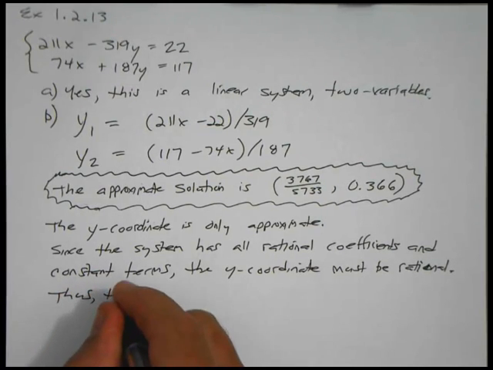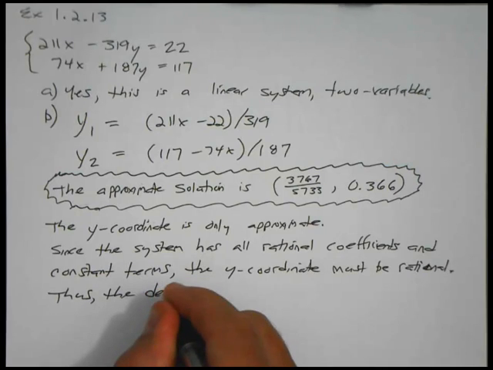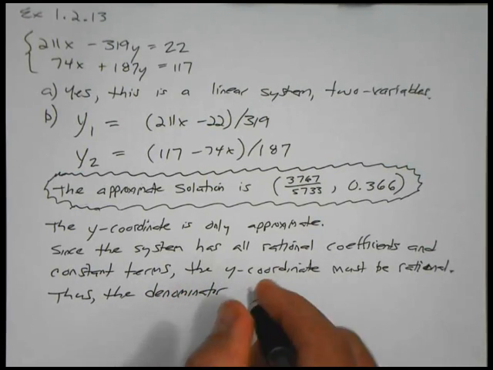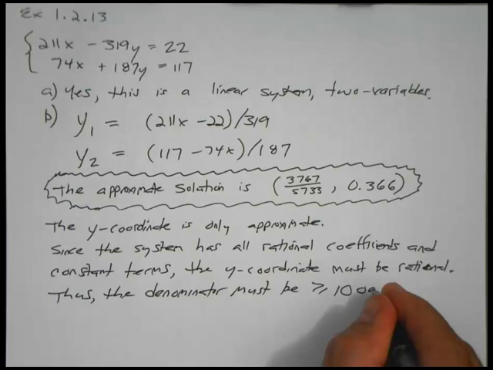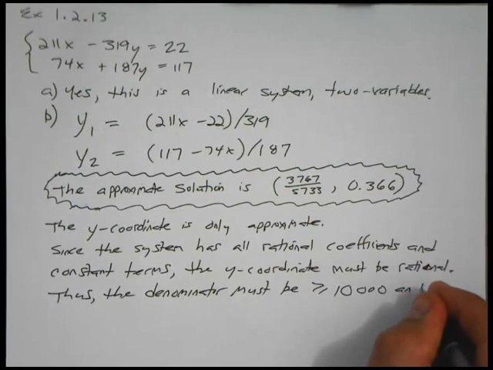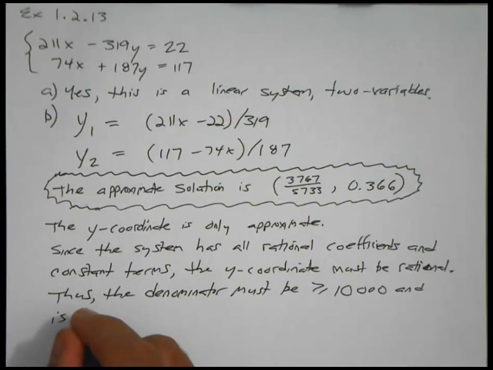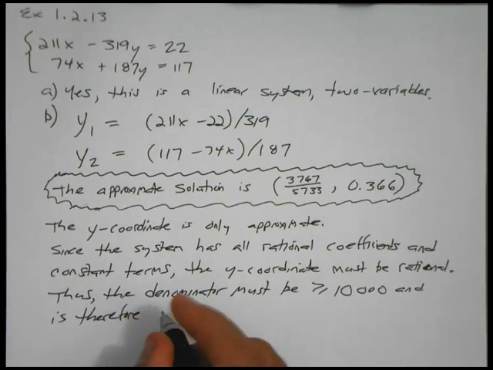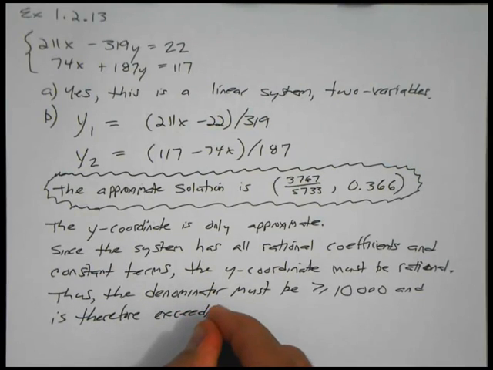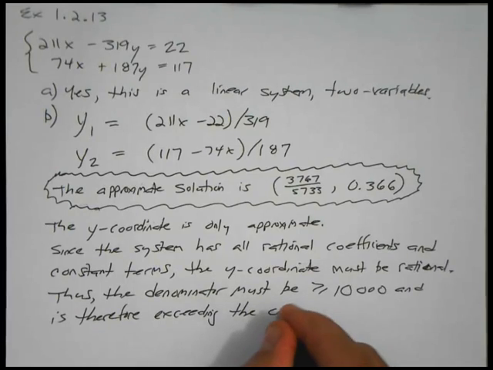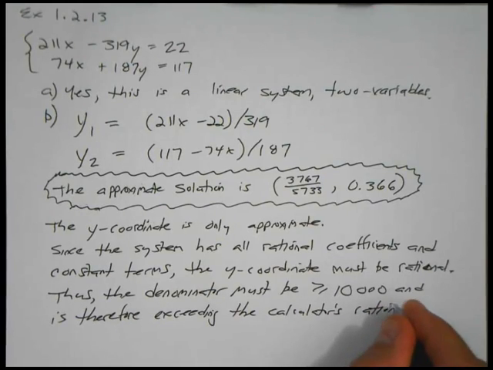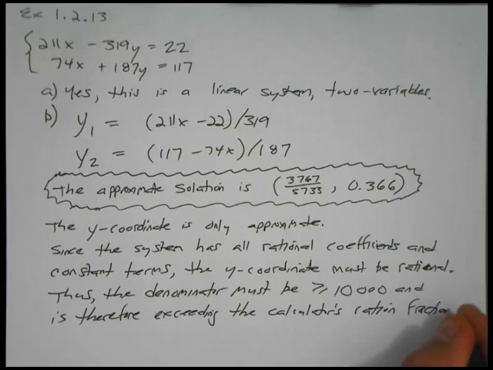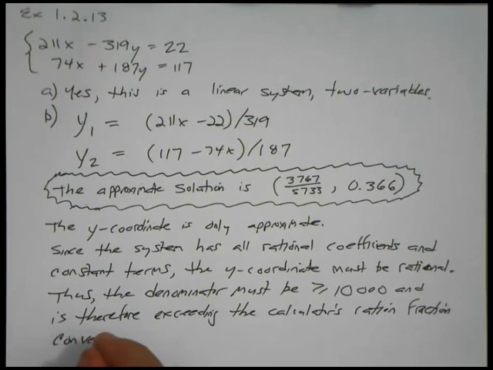Thus, the denominator must be greater than or equal to 10,000 and is therefore exceeding the calculator's rational fraction conversion capability.